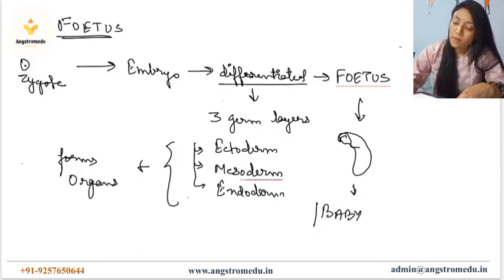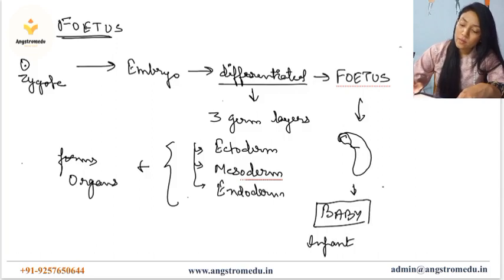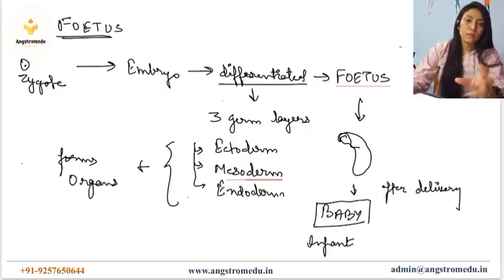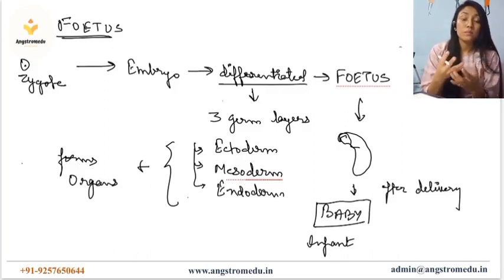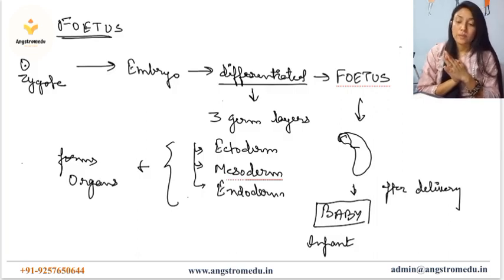Now this baby term, or the infant term, is used after delivery. Once the baby is out of the mother's body, that process is known as delivery or parturition, and the newly formed baby that has been expelled out of the mother's body is known as an infant.